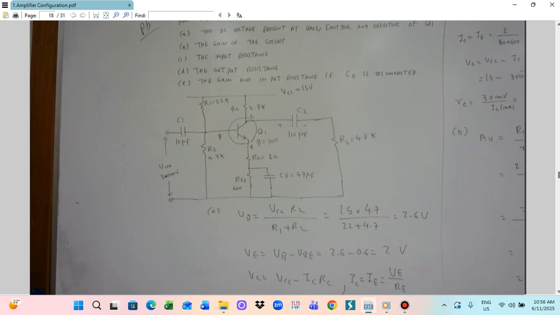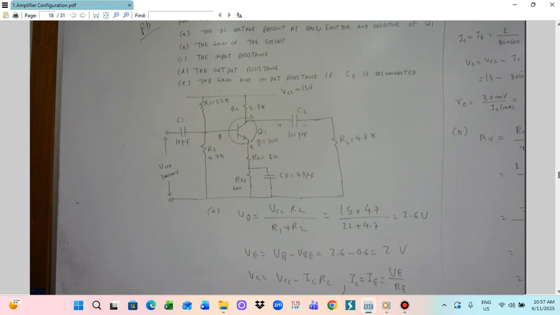By solving this, we get VB as 2.6 volts. And then we also need to calculate VE. The formula is VE equals VB minus VBE. VB will be 2.6, VBE is 0.6, so VE will be 2 volts.